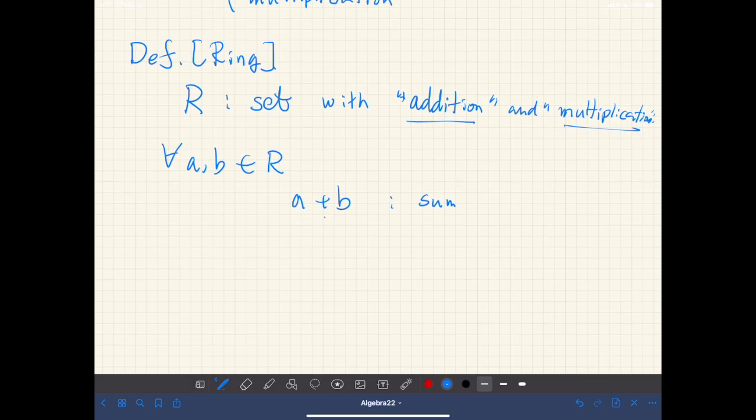And we also define multiplication, ab. Sometimes we write a dot b or a star b or whatever. Anyway, this is another binary operation, and the result is called a product.